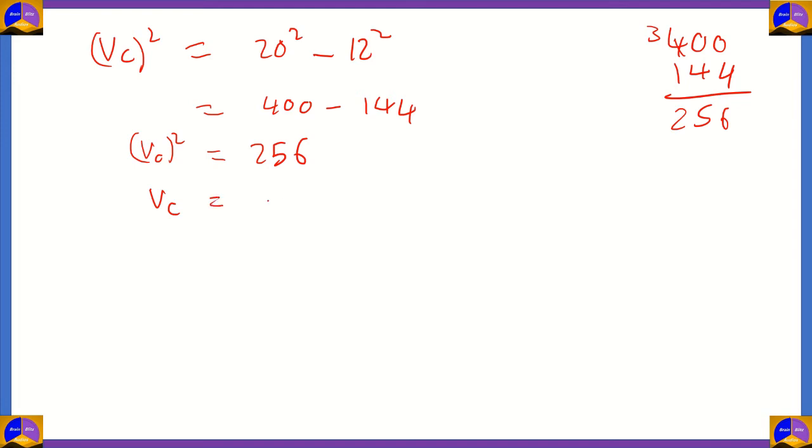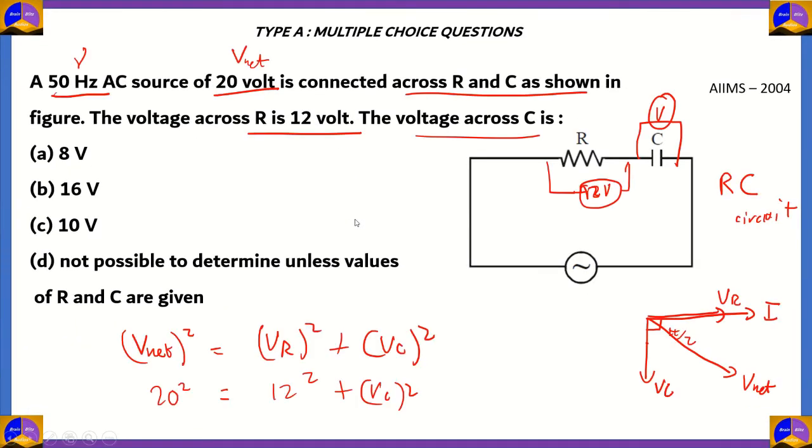That means VC is the root of 256. 256 is a perfect square, and it is the square of 16. So VC is equal to 16 volts. So the value of the voltage across the capacitor is option B, 16 volts. And we did that without looking at the values for the resistor or the capacitor.